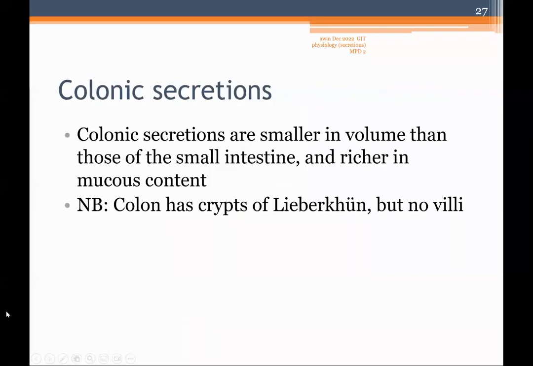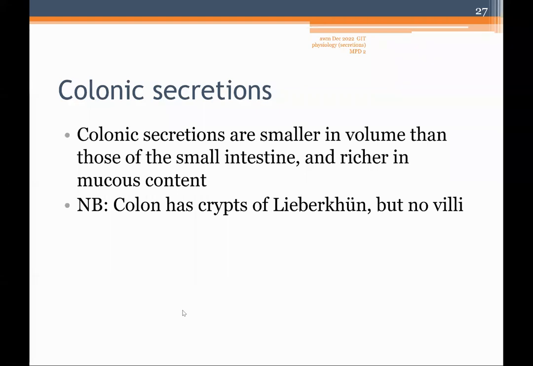Finally, we come to the colonic secretions, which we said were about 200 mLs when all the others were a liter and a half, almost 2 liters. So the colonic secretions are smaller in volume and they're richer in mucus content. So they're thicker and contain less water.